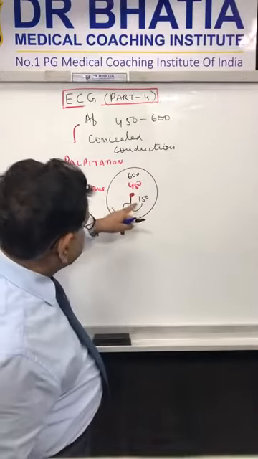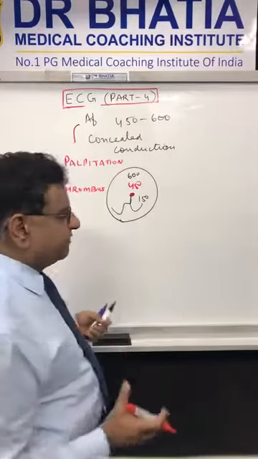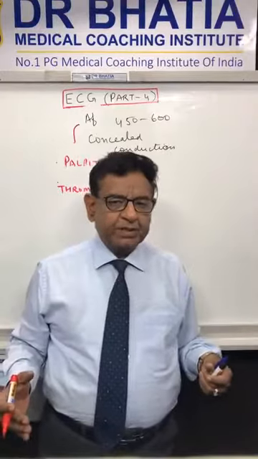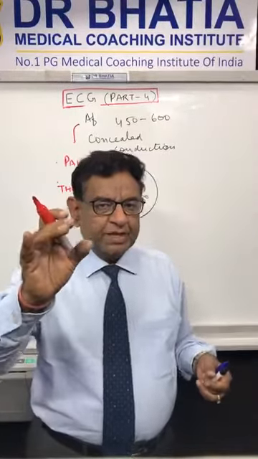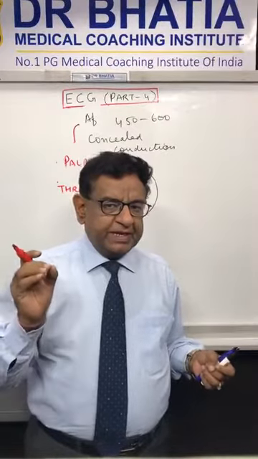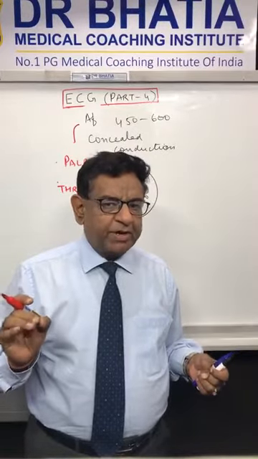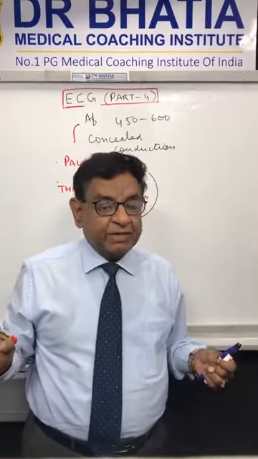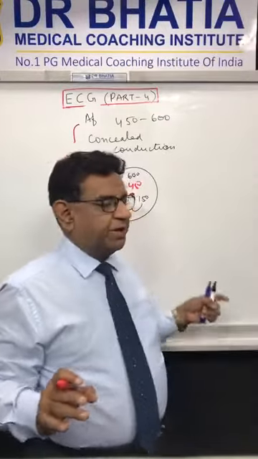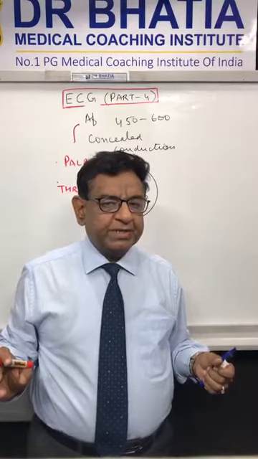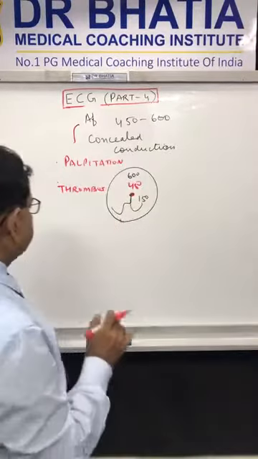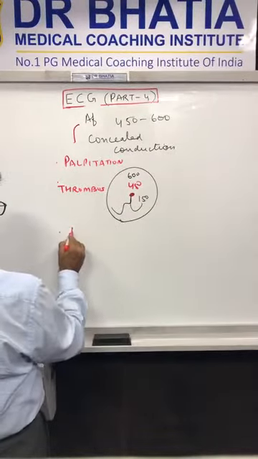Moreover, as the ventricle rate is very, very high, the duration of diastole is short, and all of you know that 80% of coronary filling occurs in diastole. So because of the reduced time of diastole, coronary filling is reduced, and the patient may develop chest pain.